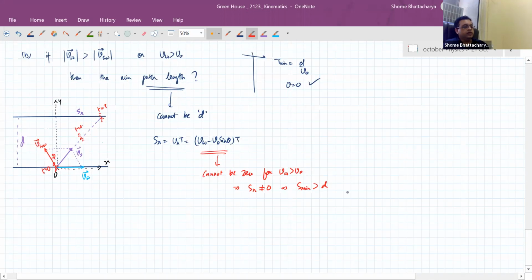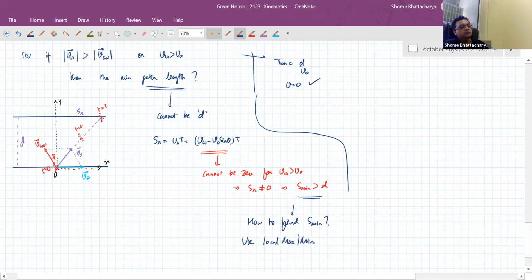Okay, so while it is greater than d, but how to calculate? Now, how to find S minimum and the condition for it? Okay, so we use the local maxima minima condition from calculus.